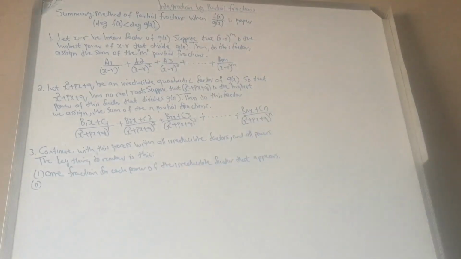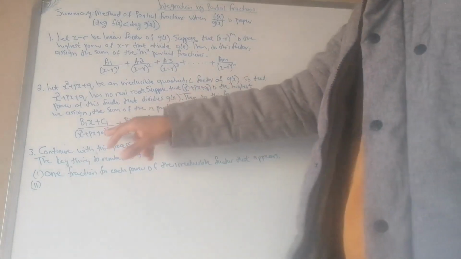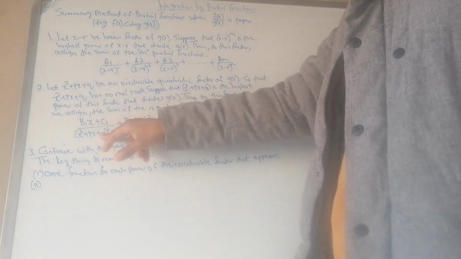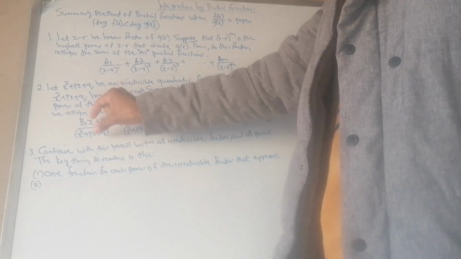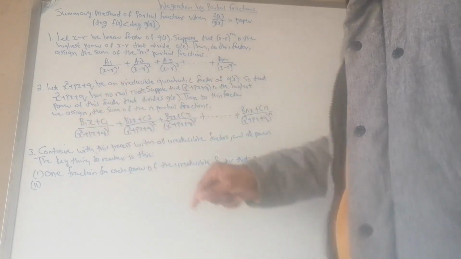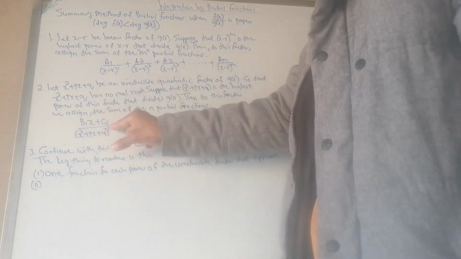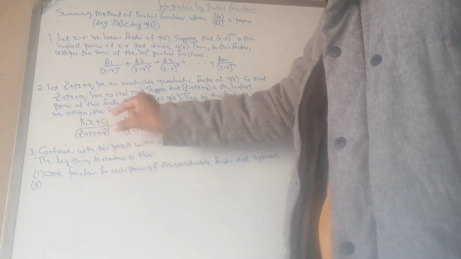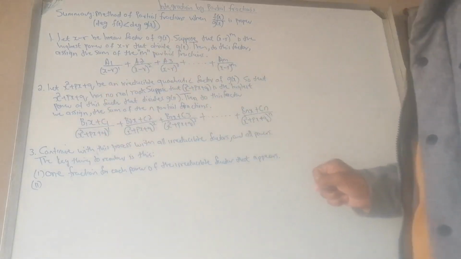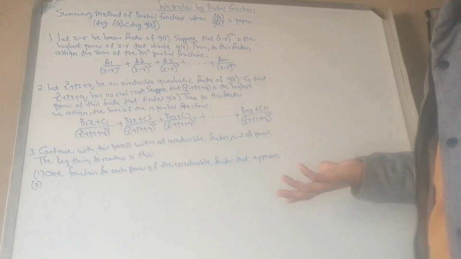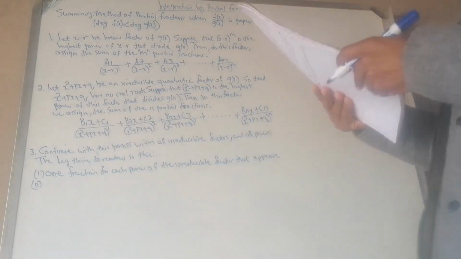So in conclusion, for every power of the denominator that you have, you must have this fraction. Try to assign something on your numerator so that for each irreducible power, you have one fraction. Okay, this is all we are saying.